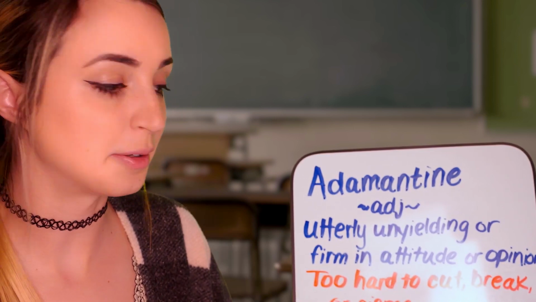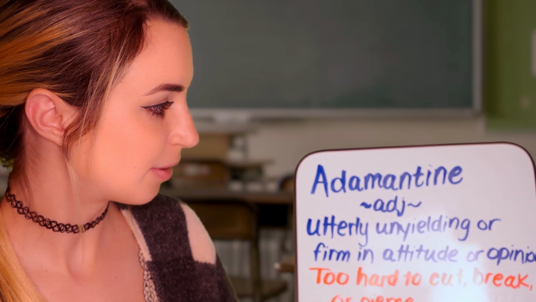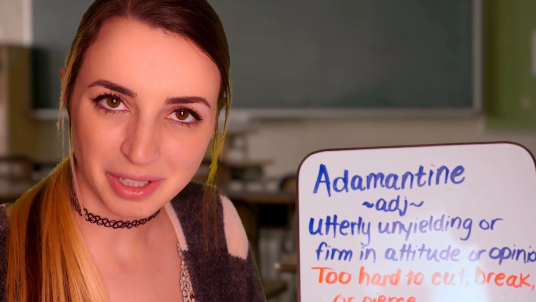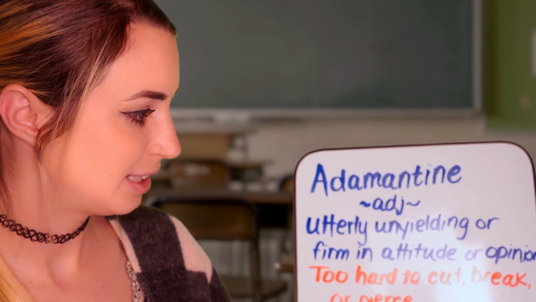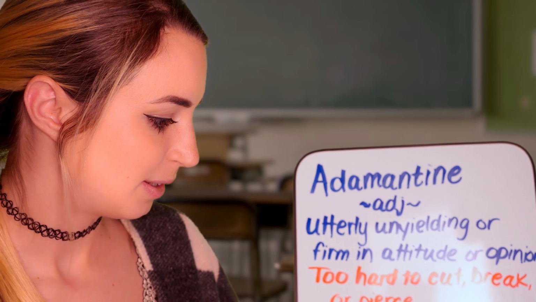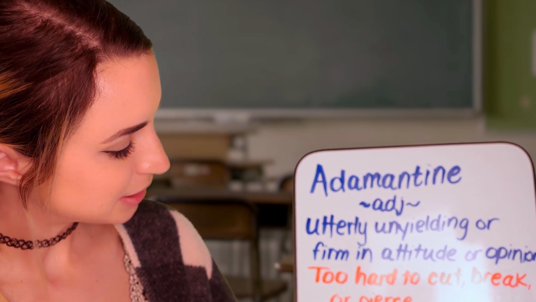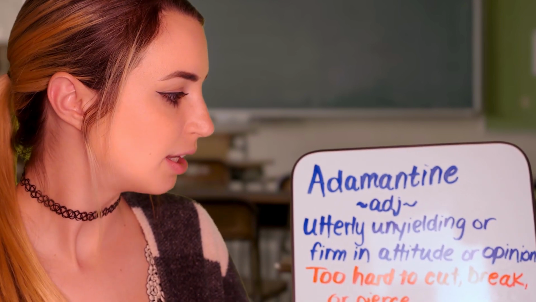Too hard to cut, break, or pierce. Adamantine armor. Wow, okay, that's perfect. If you can remember it that way, that's perfect. I don't think there's any other form of the word that you're going to need to know for the test.